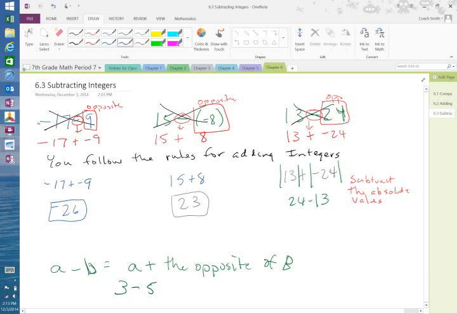What is 24 minus 13, Gabby? 11. Now, Brandon, is it negative or positive 11? Negative. So it is negative 11. And that is your answer to 13 minus 24. Because we know that 24 minus 13 is 11. So isn't 13 minus 24 the opposite? So your answer would have to be the opposite of 24 minus 13.